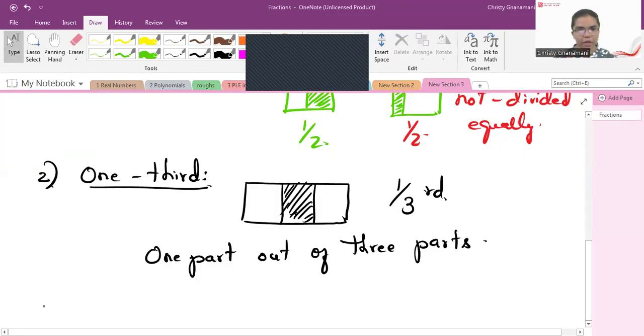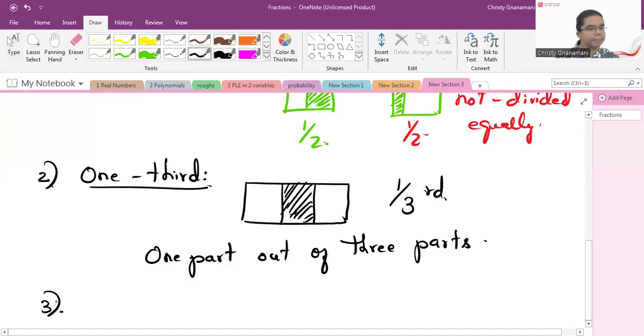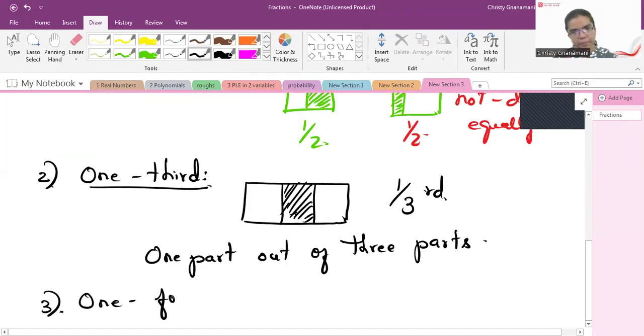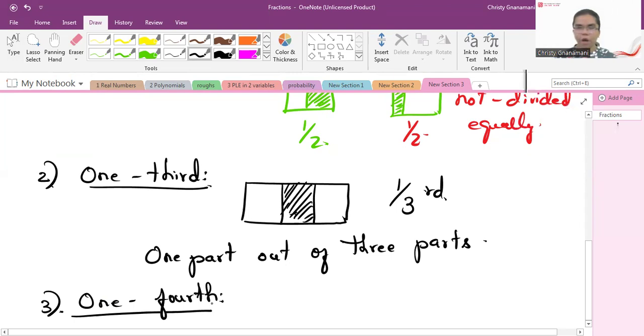The next type of fraction is 1/4. What is 1/4?